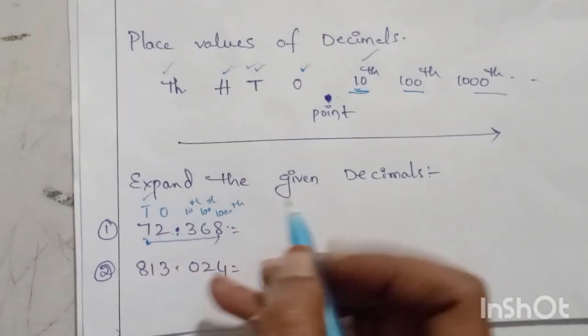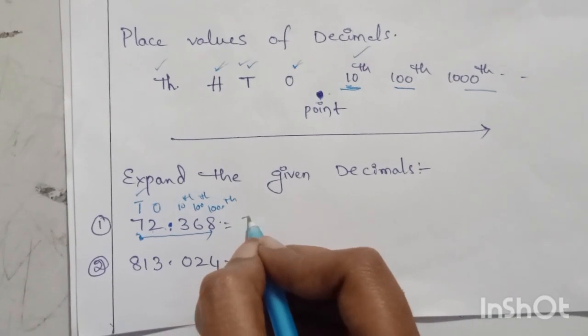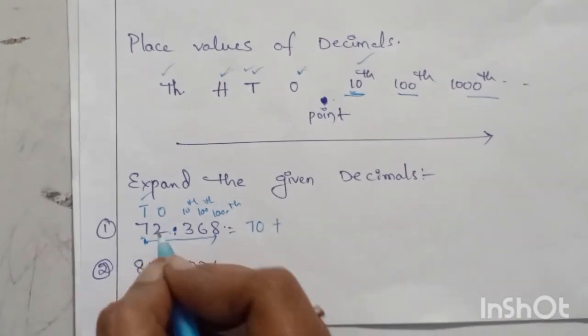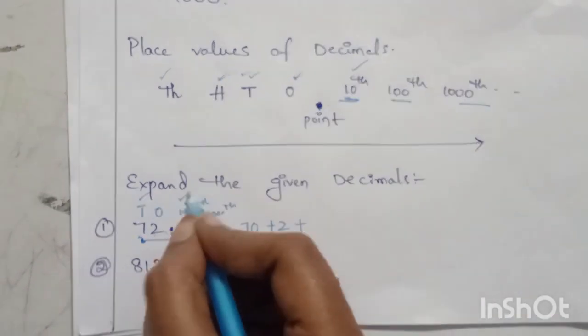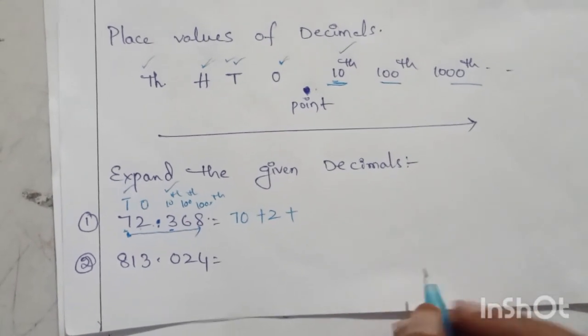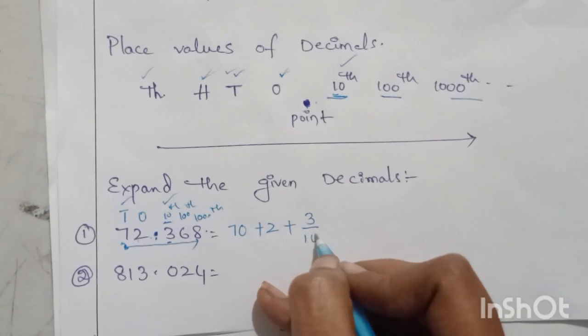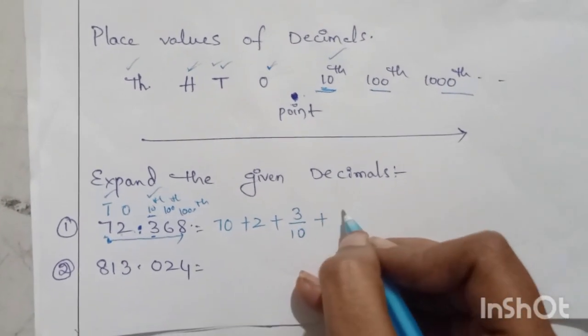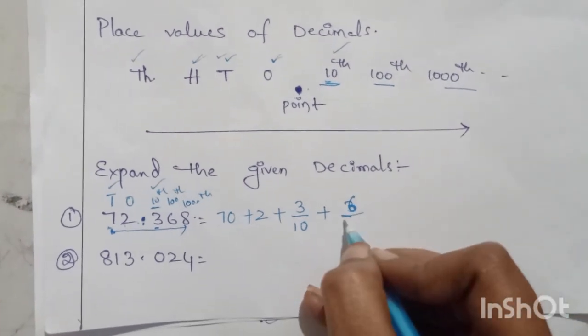Here it started with tens, so 7 tens will be equal to, come on, 7 tens means 70, then 2 ones means 2, plus now we got to the 10th part. How to write it? We have to multiply? No. As it is a 10th part, we have to write 3 by 10, plus next the 100th part, sorry, 6 by 100.